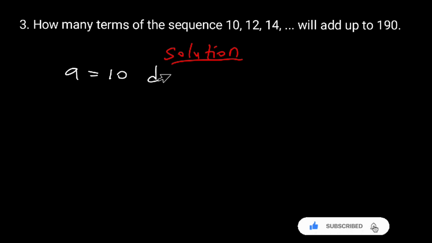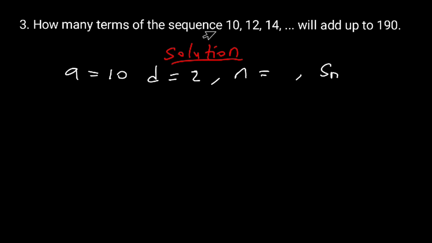The common difference is 12 minus 10, which is equal to 2, or 14 minus 12, which is also equal to 2. This is the common difference. Then the number of terms in that sequence is what we are looking for. The sum of the terms is equal to 190.